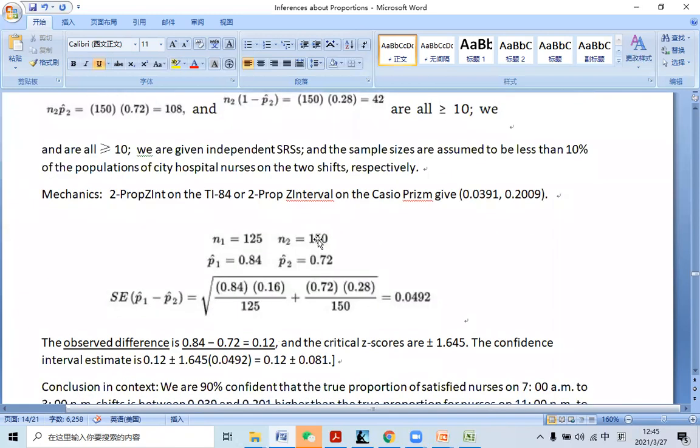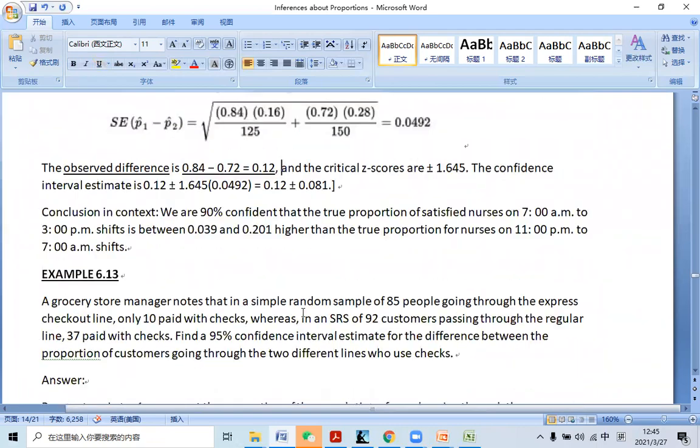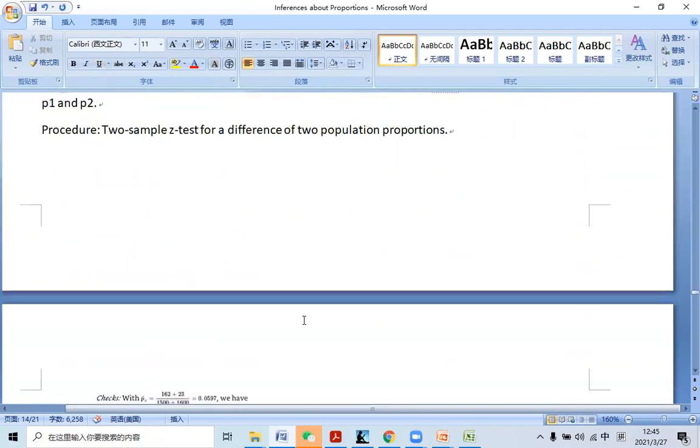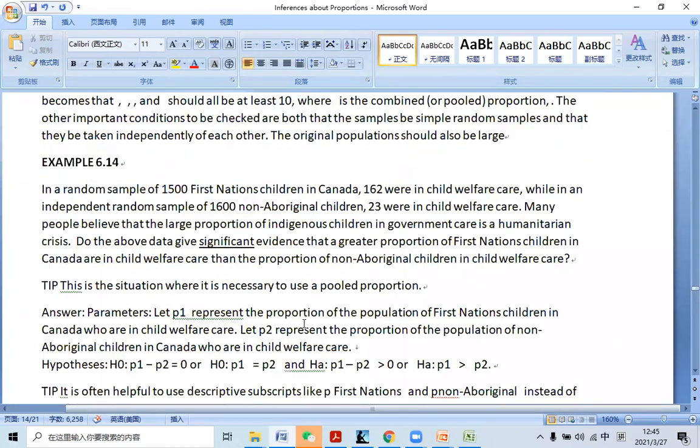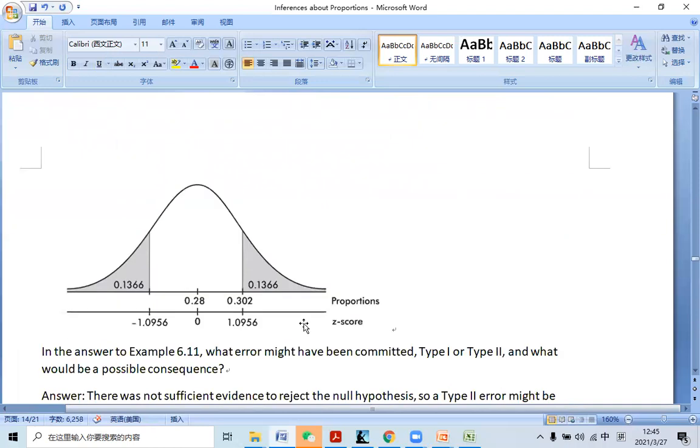What does that mean? That means you need to look at the normal curve, the normal distribution. You need to have a normal curve and you want 90% of the curve between the two boundaries, lower boundary and upper boundary.